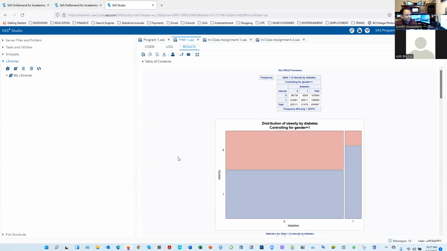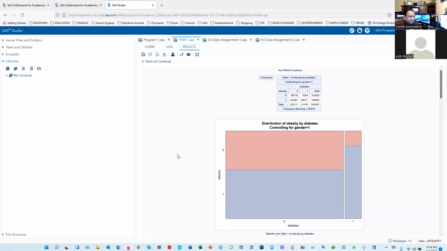So if you do this, this is how we were looking for the RR, the relative risk for the Cochran-Mantel-Haenszel, the CMH. I'm gonna write and show you.